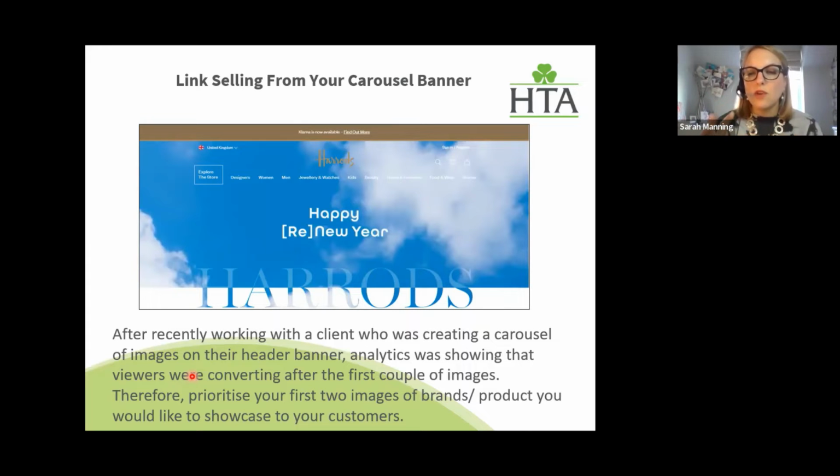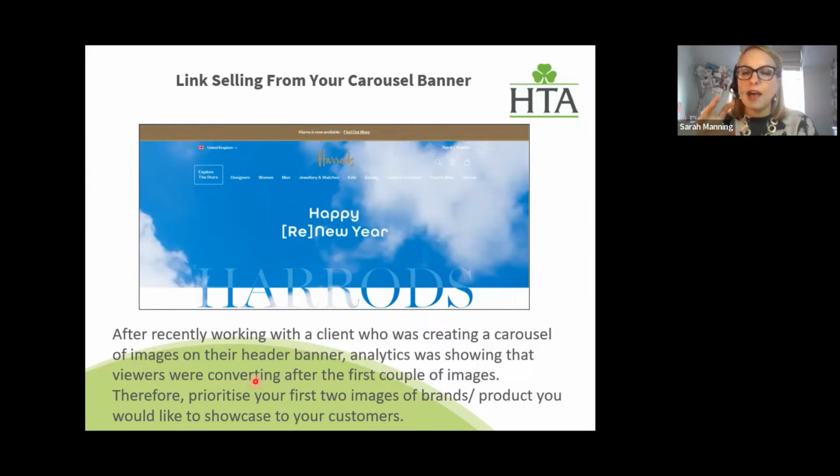What's interesting, when you start to look at analytics, and I've put it here, is that a lot of customers were actually converting or coming off of the header banner after the first 2 images. On average, most carousels will take about 5 images and rotate them.